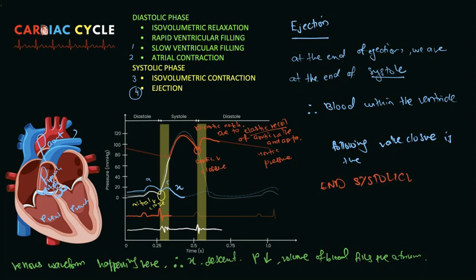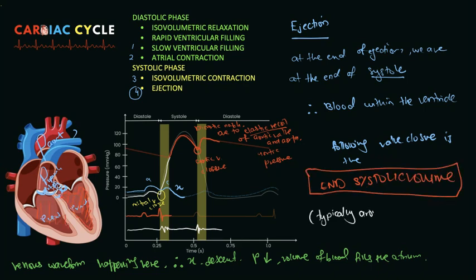Therefore, any remaining blood in the heart ventricle is the end systolic volume. It is typically taken as around 50 mL for a healthy 70 kg male. By knowing these facts, we can calculate the stroke volume, which is the volume of blood ejected from the left ventricle per heartbeat.